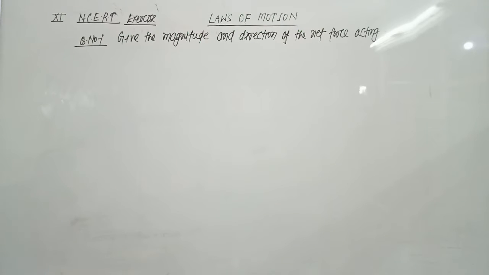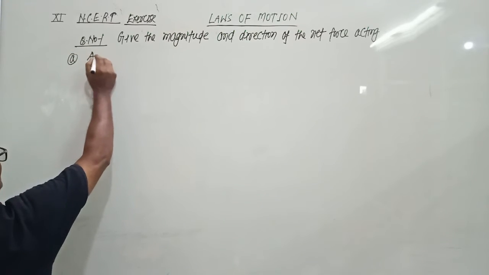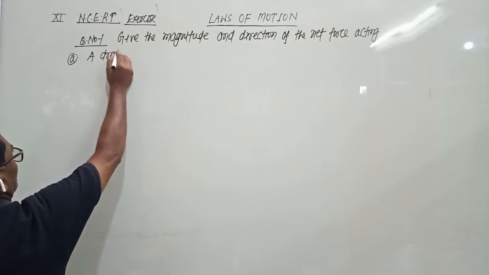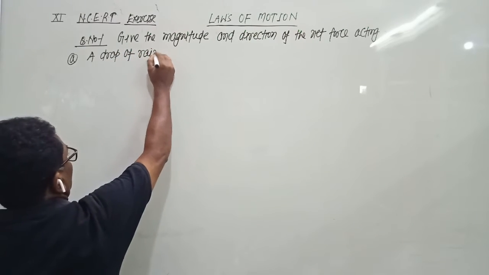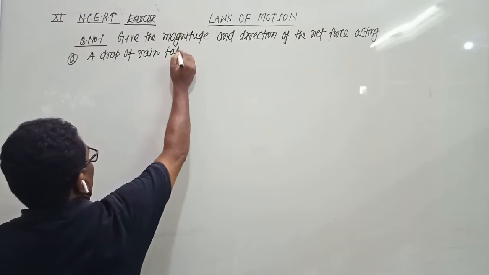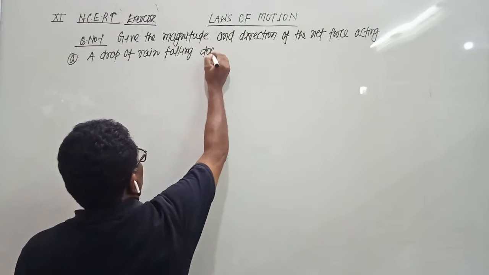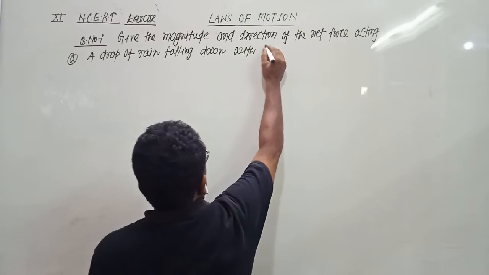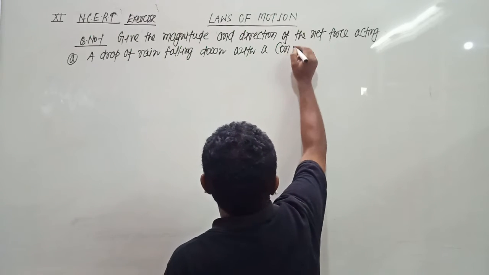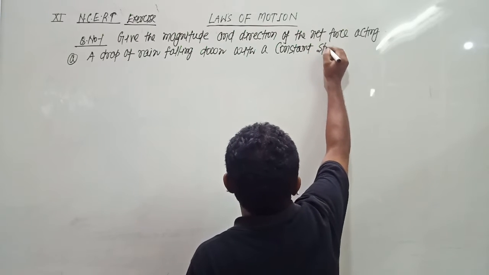And the first part is a drop of rain falling down with a constant speed.